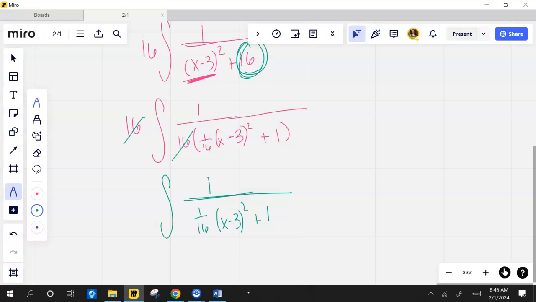All right. Remember, inverse tangent is u squared plus 1. Do you see what I could make my u be now? More than just that, though. You're close.